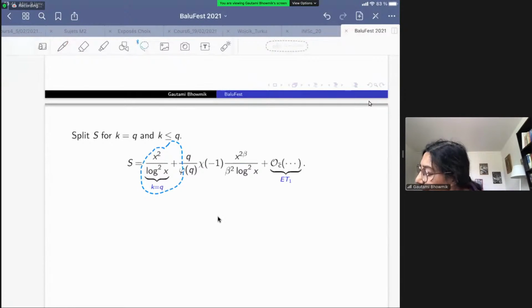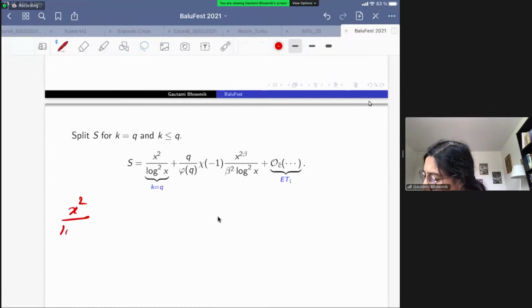And what is this error like? The error term is like, you can expect something like x squared by log cube x. So it's a big O of, if you work this out, Q squared by 5Q squared, and so on.